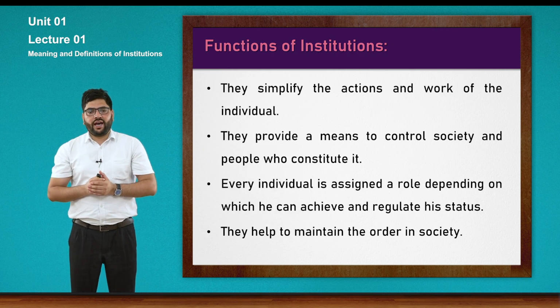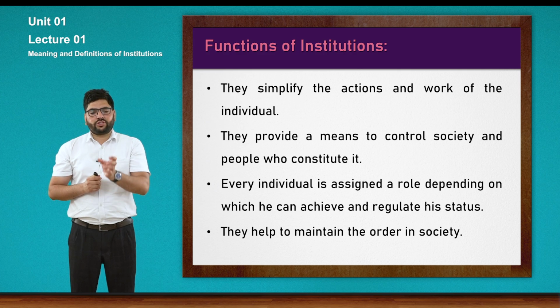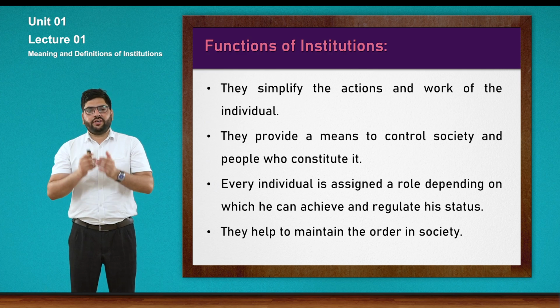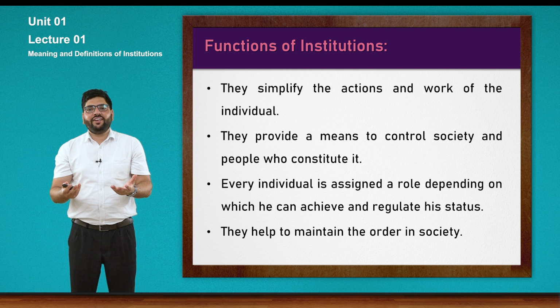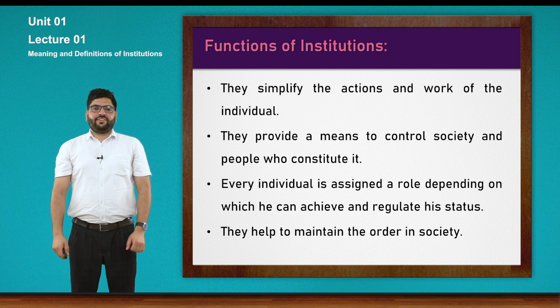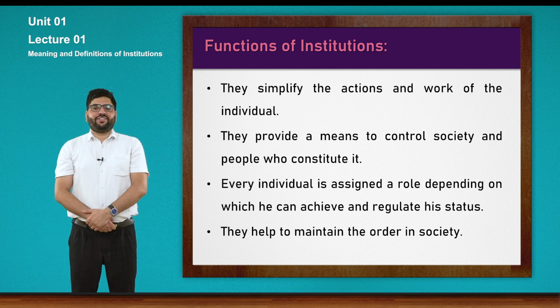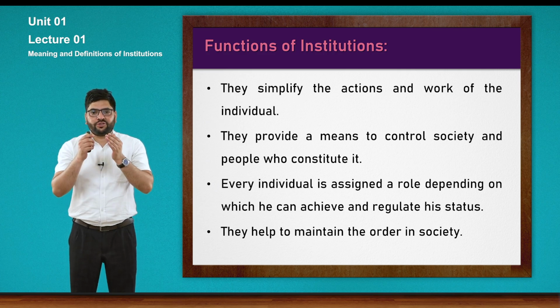Now we are going to look at the functions of social institutions. They simplify the actions and work of the individual. They provide a means to control the society and the people who constitute it.